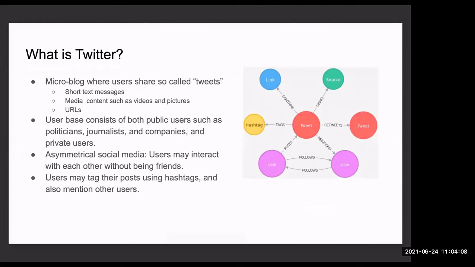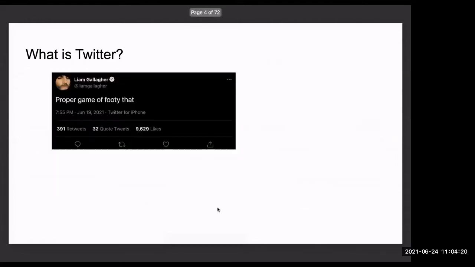And you may also tag your tweets using hashtags to get a bigger spread of the content that you're sharing. So let's look at an instructive example of a tweet. Here we have one tweet by Liam Gallagher. Users that follow him will see this tweet when they open up their Twitter app or webpage or whatever.